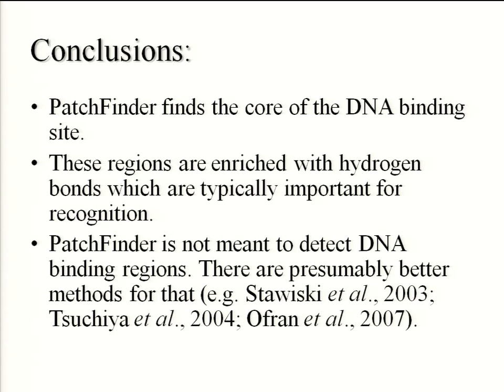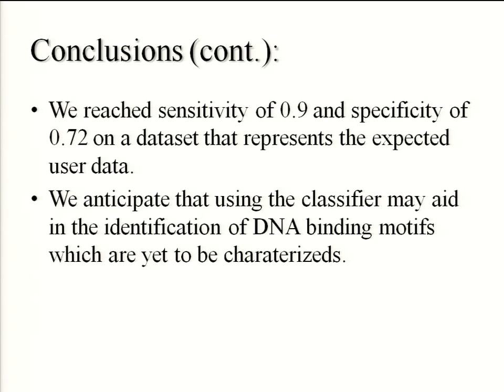PatchFinder is not meant to detect the entire DNA binding region. There are better tools for that, and here are references. But it's good in discriminating between DNA binders and non-binders. So we reached a sensitivity of 90% and specificity of 72% on a database that represents the expected user data.